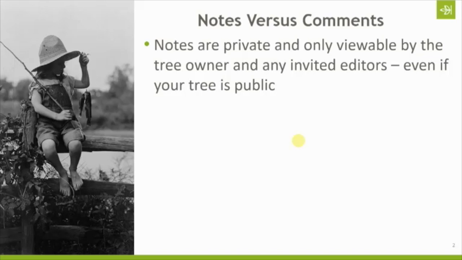Those levels are guest, which just means they can view your tree and that's all. Contributor, which means they can add to your tree. Or editor, which basically gives them the same rights that you have as the tree owner. The only thing they can't do is delete your entire tree in one fell swoop. So I'm always very, very careful with who I give editor privileges to.